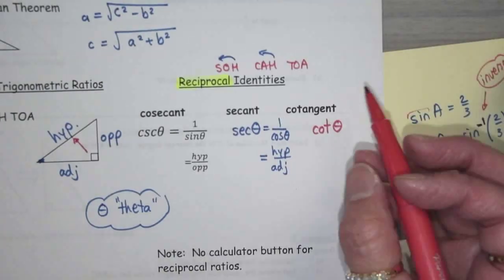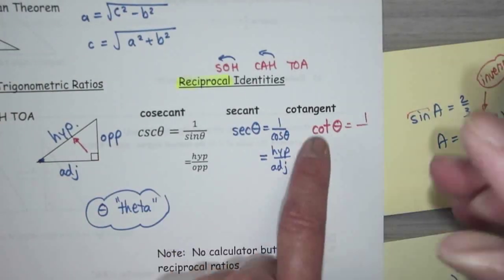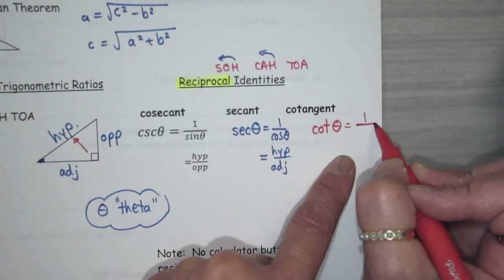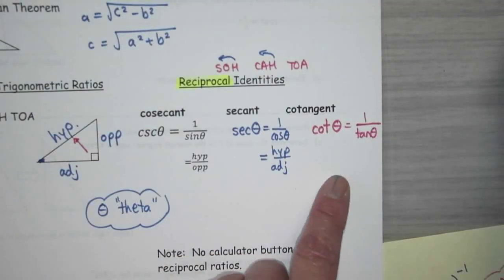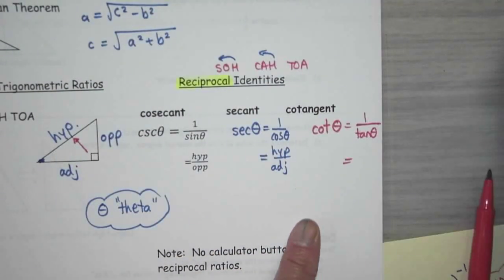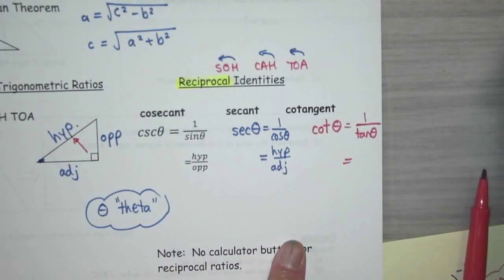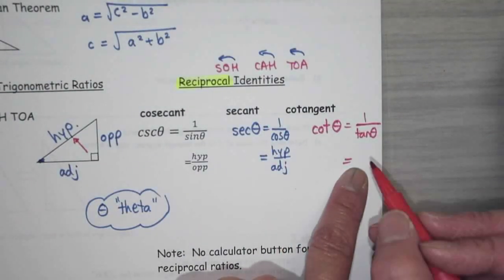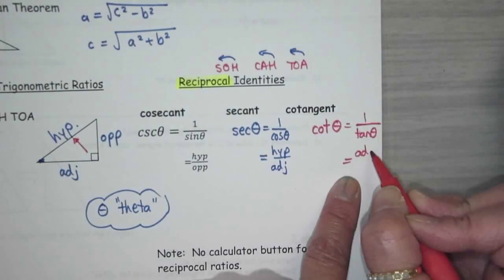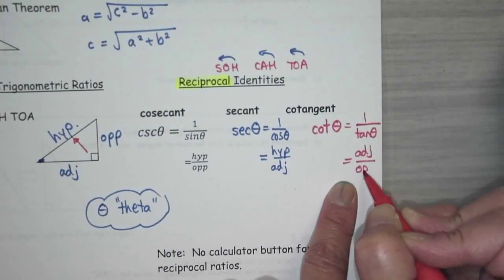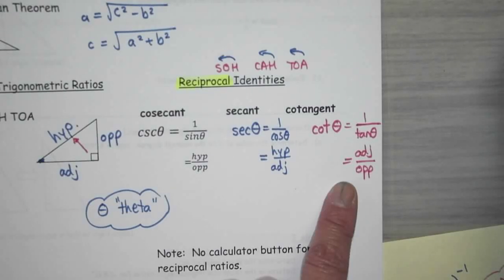And that is the reciprocal of tangent. If you read this backwards, what would that be? Adjacent over opposite. You see how I'm reading it backwards? So it's SOHCAHTOA, but the other way.